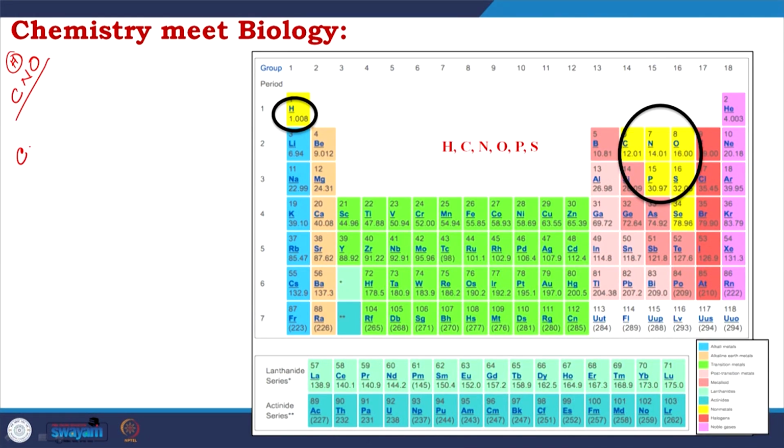If you look at carbon, carbon has 6 electrons. So, the electronic configuration is 1s2, 2s2, 2p2.